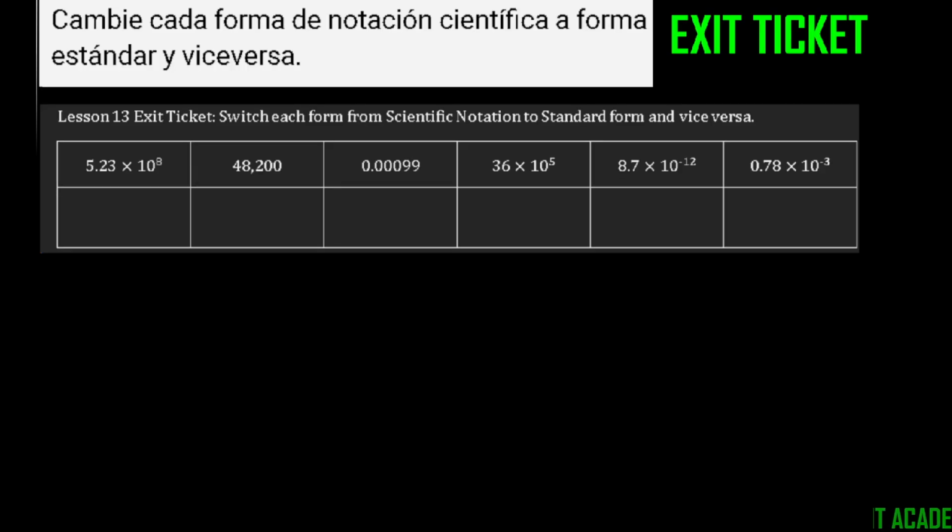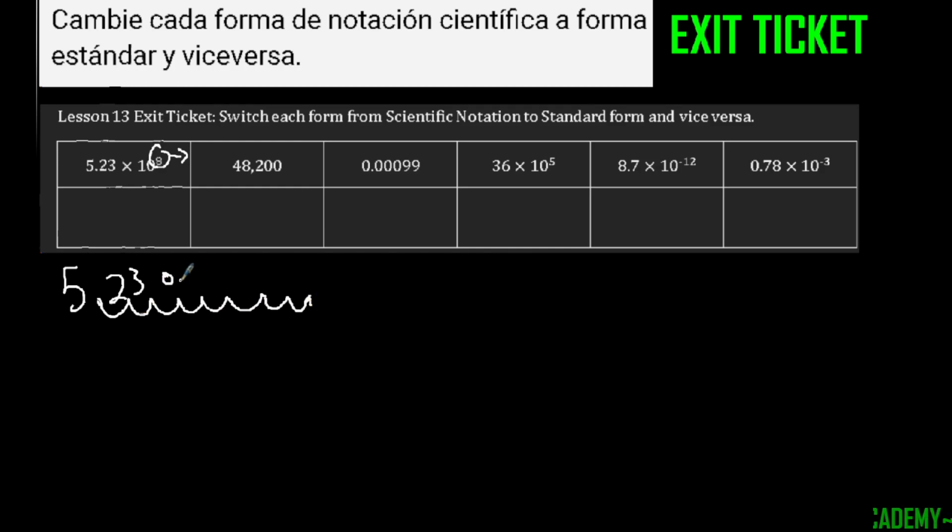And lastly, for this one, for the Lesson 13X ticket, it says switch each form from scientific notation to standard form and vice versa. So if it gives you scientific notation, write it in standard form, or if it gives you standard form, write it in scientific notation. So like this, I have 5.23, I'm going to move it 8 times to the right. So I have 1, 2, 3, 4, 5, 6, 7, 8.